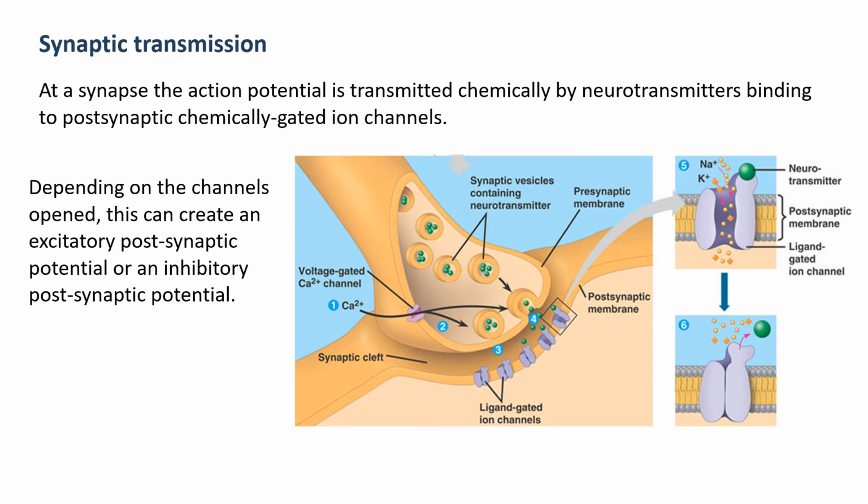Both of these are graded potentials. I can't emphasize enough, these are not action potentials. These are areas of either local depolarization or local hyperpolarization. They are known as graded potentials, and they can be excitatory or inhibitory.